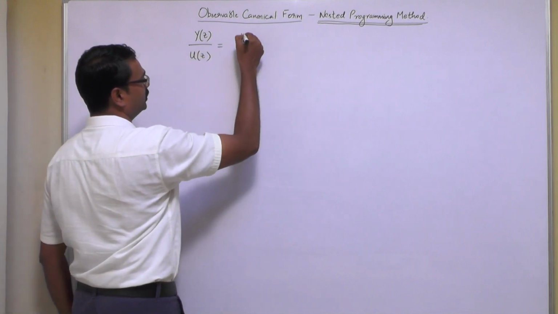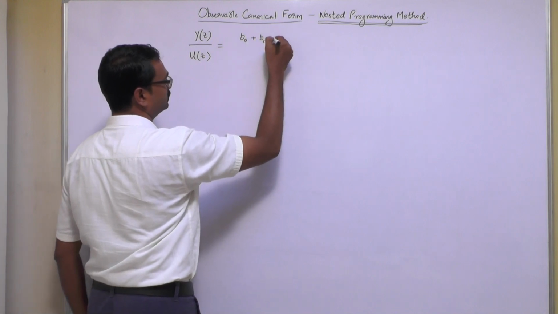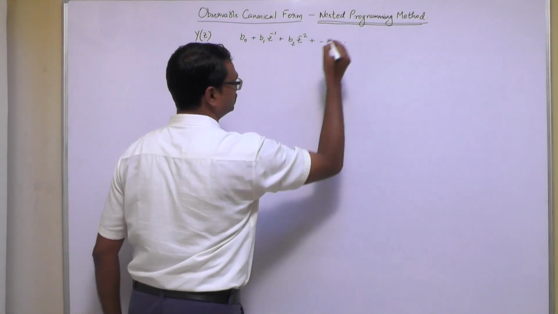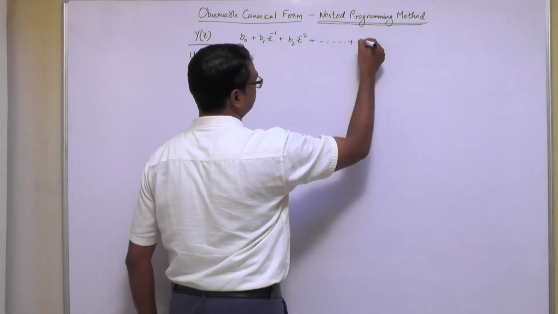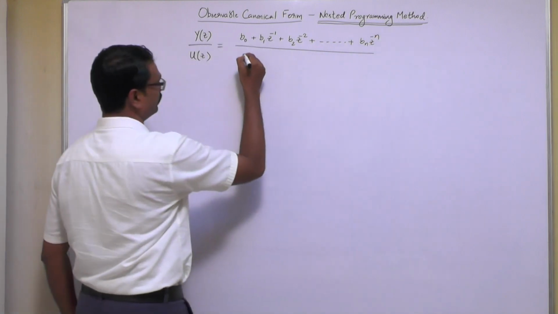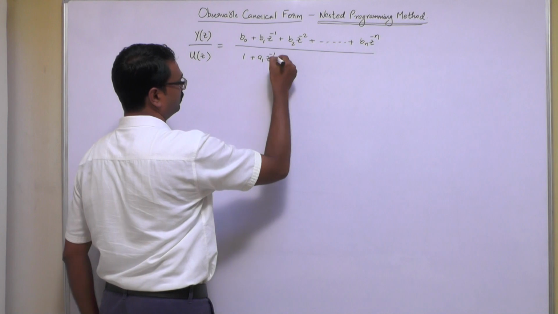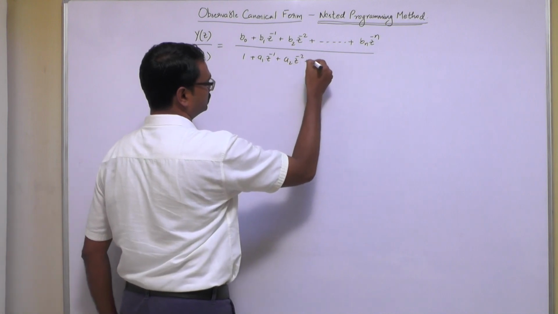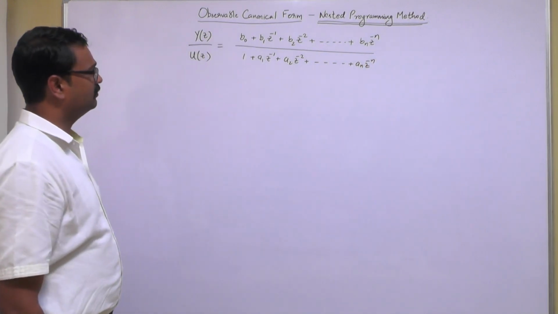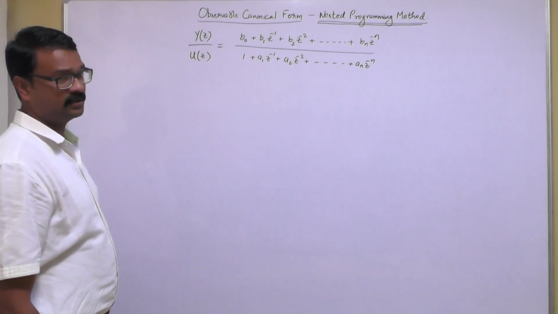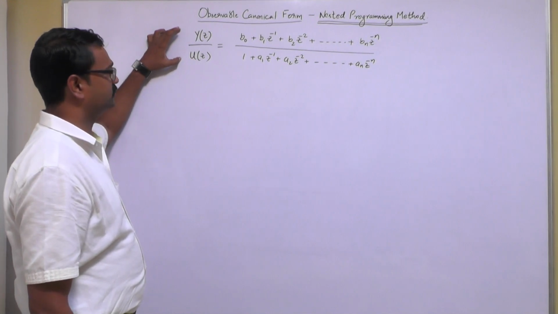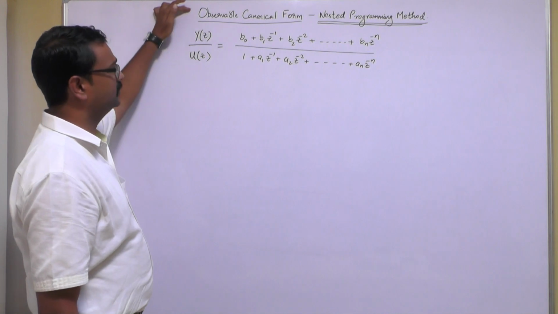Now consider any pulse transfer function system matrix Y(z)/U(z) equal to b0 plus b1 z^-1 plus b2 z^-2, and so on. Any system transfer function can be written in this way, with denominator 1 plus a1 z^-1 plus a2 z^-2 plus an z^-n. Now we are required to convert this pulse transfer function matrix into the observable canonical form.